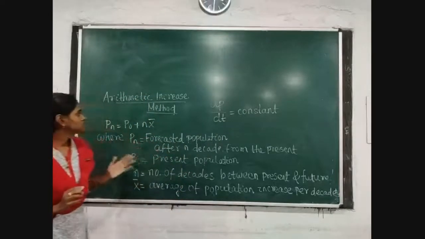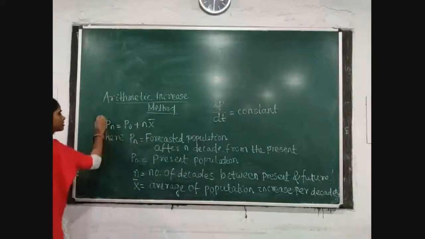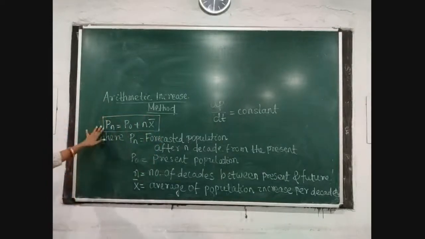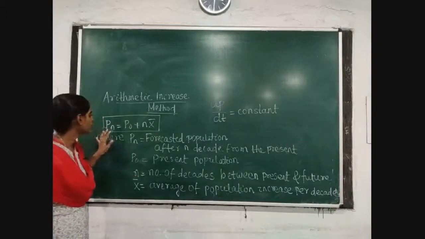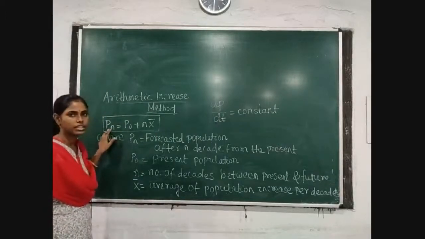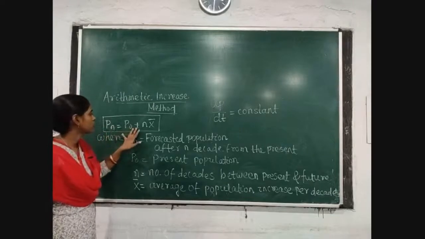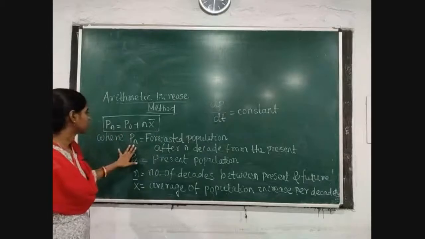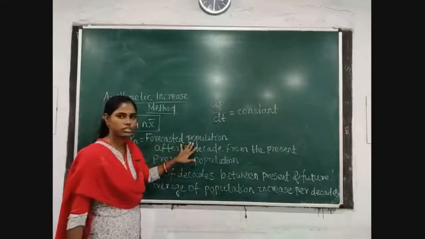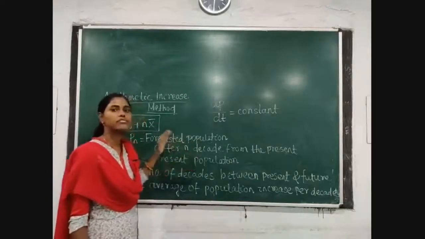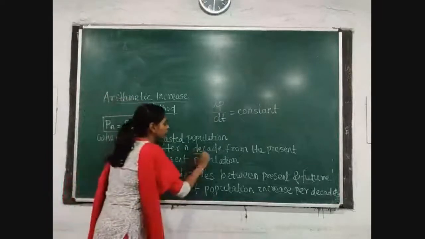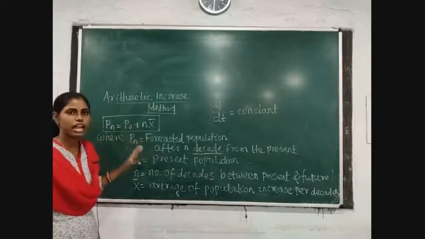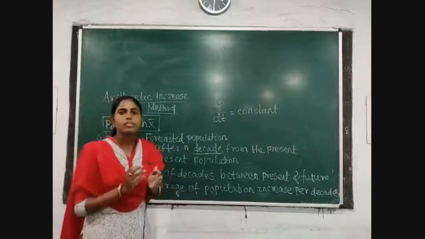So as per this method, the population can be forecasted using this formula: Pn equals P0 plus N x bar, where Pn is the forecasted population after n decades from the present, that is, the population at the year we want to find out.